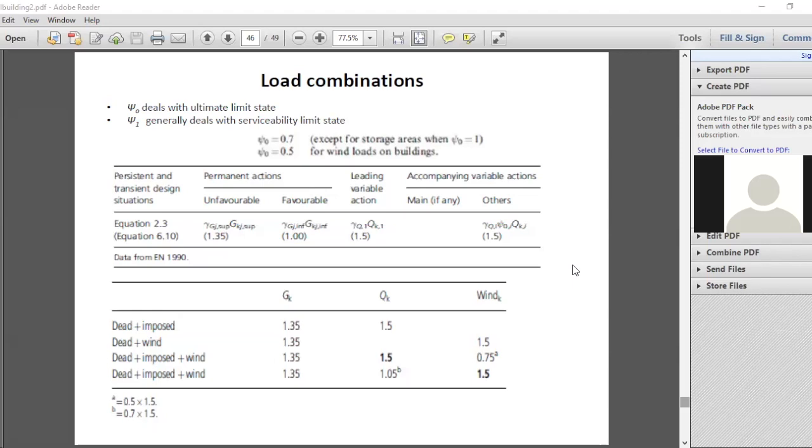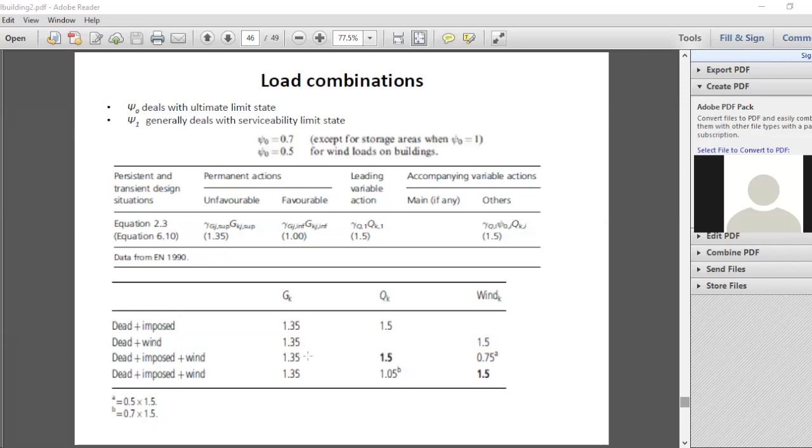So what happens is, we want to find the most critical combination. One combination that is possible is you will consider only the dead and imposed loads, but you will ignore the wind loads. So that is the first condition, 1.35 and 1.5.